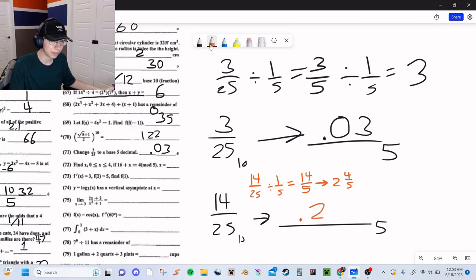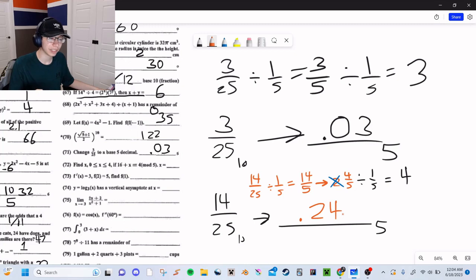Okay, so now I'm going to take that 2 away. I'm going to take this 4/5 and divide it by a fifth. So we keep dividing by a fifth. And I get 4. There's no fraction part, so that tells me I'm done. So I'll write down the 4, and that's my answer.